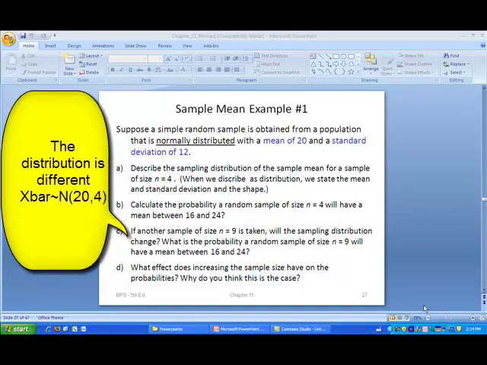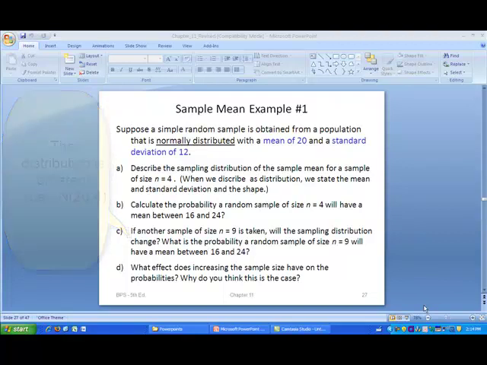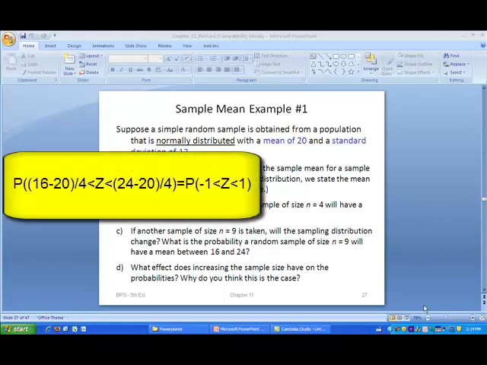So now to calculate the probability that x bar is between 16 and 24, to standardize this I have to say 16 minus 20 divided by 4. And then for the right end it would be 24 minus 20 divided by 4. Or the probability that z is between negative 1 and 1.